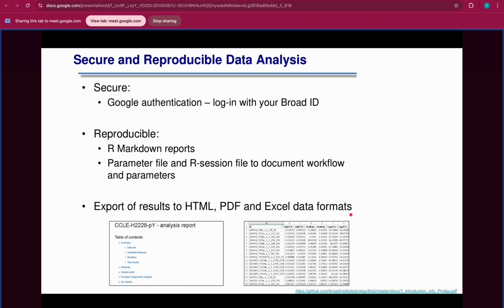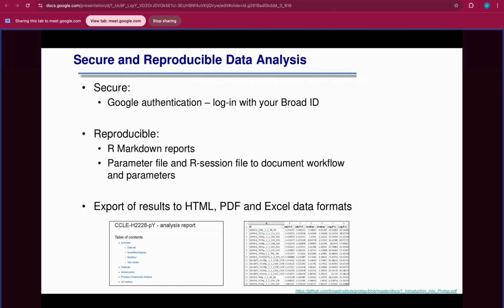Then you can export your results into HTML, PDF or Excel data formats, because you have multiple samples and their mass spectra. After the analysis it can provide you the differential expression. All those things can be in the form of tables, which could be in CSV format or Excel format, or you can also export in PDF format.